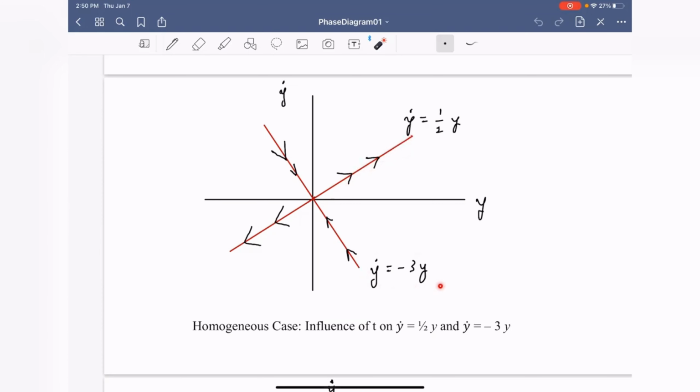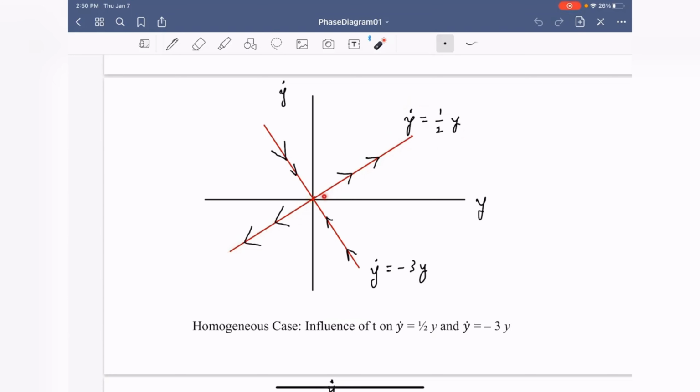With the function y dot equals minus 3y, y is decreasing if we're above the horizontal axis, and y dot is increasing if we're below the horizontal axis. That means that you're going to come here. So with this function, you tend to move towards 0. With this function, you tend to move away from point 0.